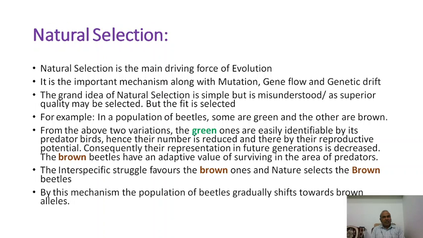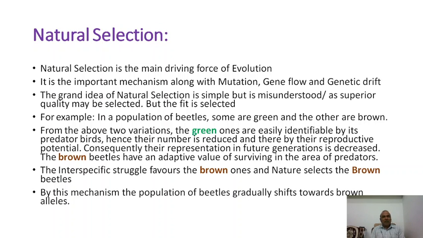Friends, you need to understand one thing: Charles Darwin explained natural selection, and this Darwinism is mainly based on inheritance of traits. It is mainly based on reproductive success. According to Darwin, all the individuals in a population do not have a similar rate of reproductive success because of their variations.